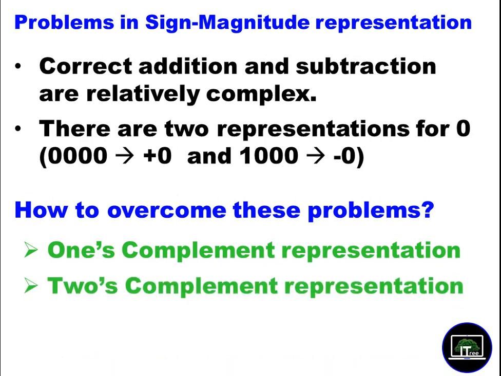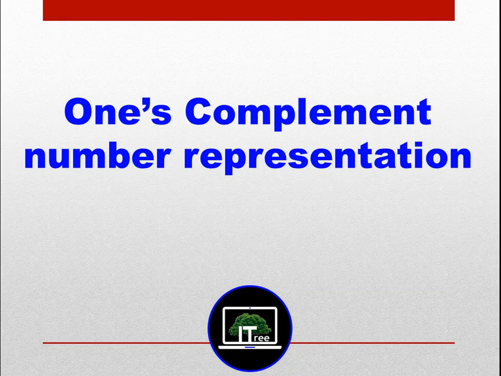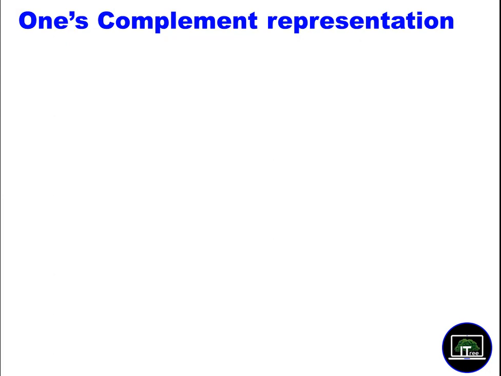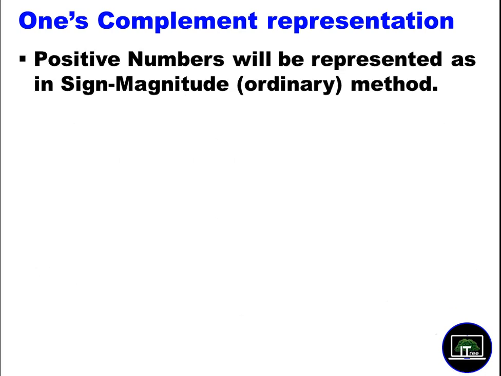First, we will look at how we could do the 1's complement representation. How do you do that? Already you know there are 2 different types of numbers, positive numbers as well as negative numbers. For positive numbers, there are no changes in 1's complement. You represent positive numbers as you did in sign magnitude representation, the ordinary method.